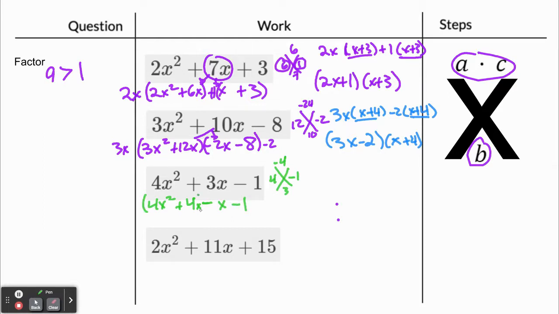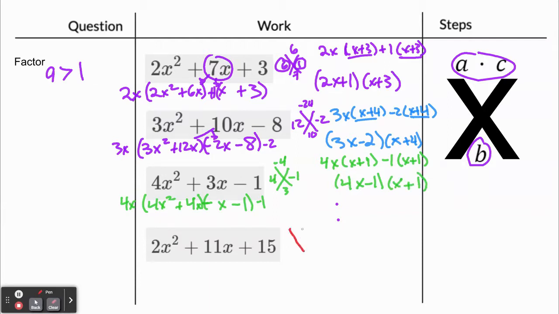Now I can factor by grouping here, and I get 4x pulled out from here and negative 1 pulled out from this one. What I'm left with is 4x times x plus 1 and minus 1 times x plus 1. Factor those out to give me 4x minus 1 times x plus 1.